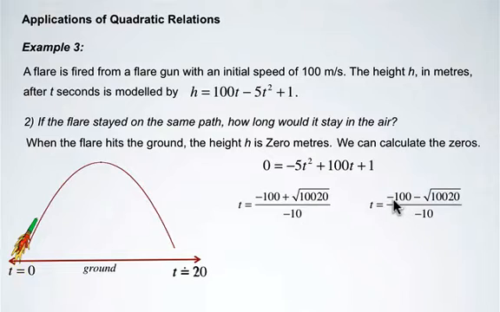So t is equal to either negative 100 plus the square root of 10,020 divided by negative 10, or t is equal to negative 100 minus the square root of 10,020 divided by negative 10.